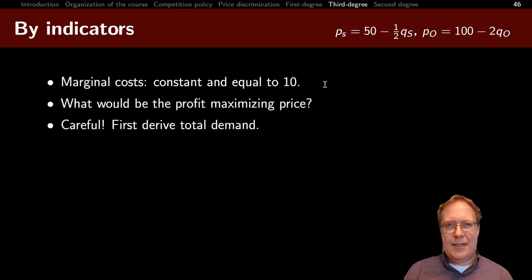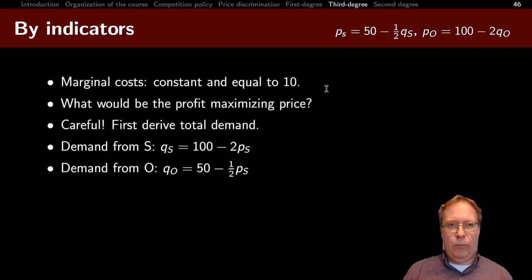That implies that we just charge one price for everyone. So to find the profit maximizing price, we first need to derive total demand, right? Total demand equals demand from one group plus demand from the other group.